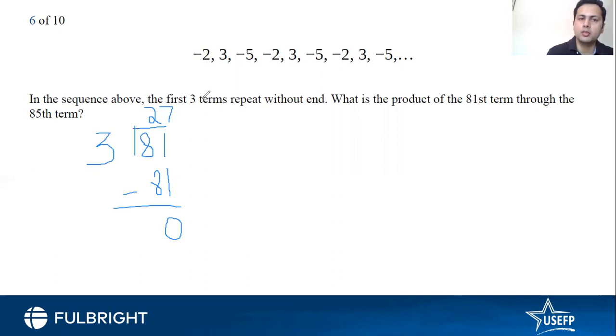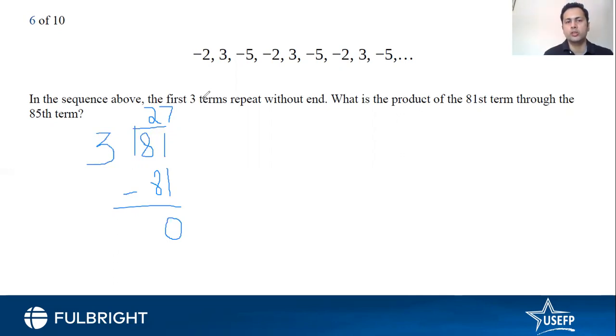Which means that this pattern of three terms has completed 27 times. It has kept on going for 27 times, having no remainder, which means that the cycle of repeating three terms has been fully completed.